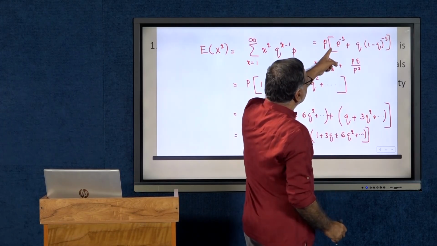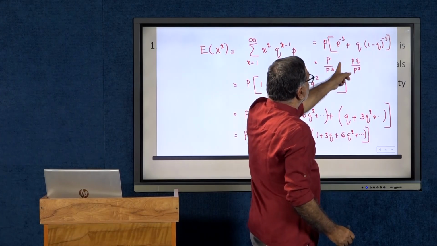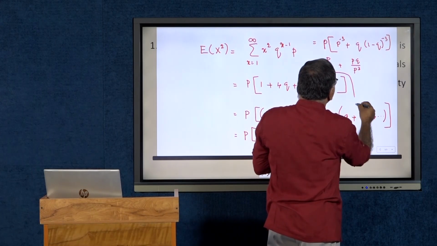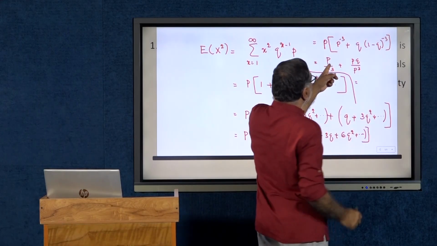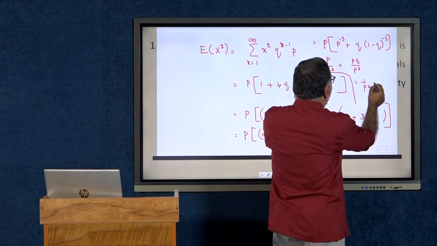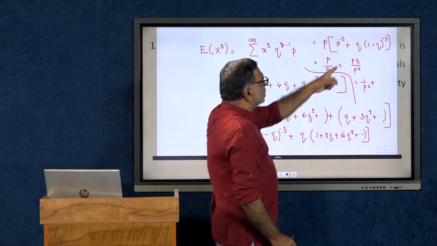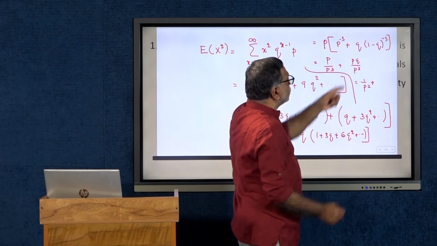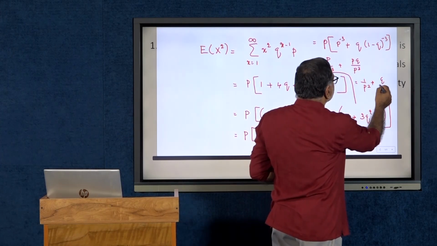That is p into p power 3, that is p divided by p cubed, which is 1 by p square, plus q divided by p cubed times p, so q divided by p square.